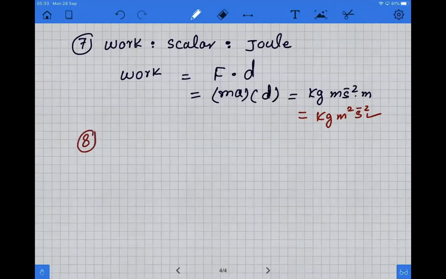Number 8. After work, we have base unit of energies. And here we need to clear one thing.